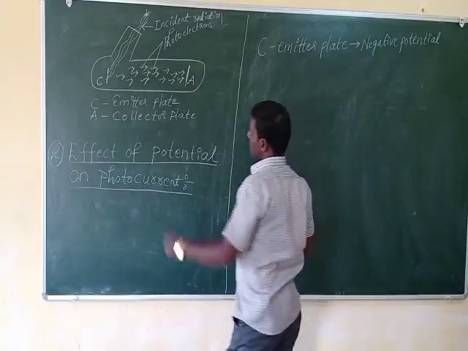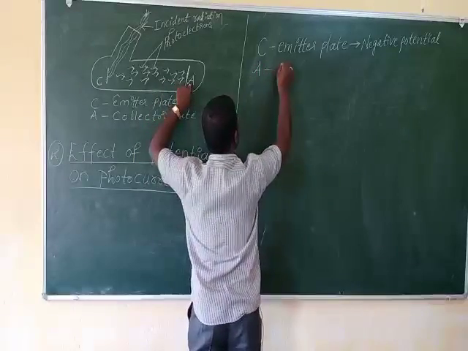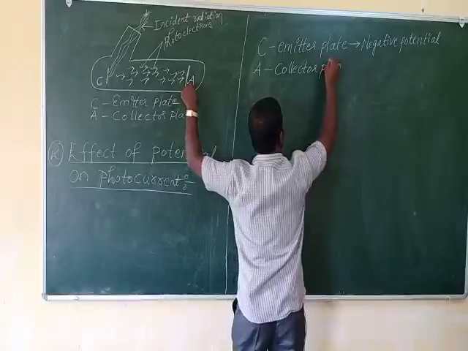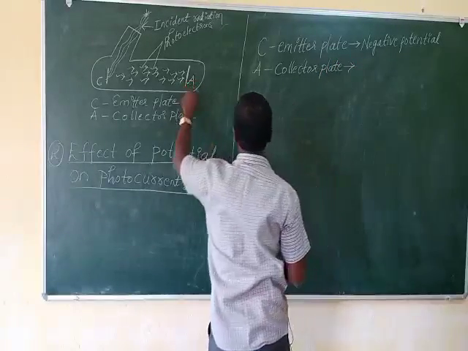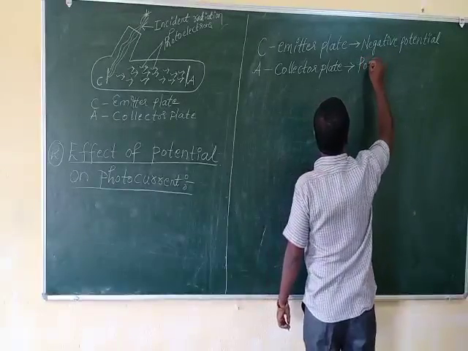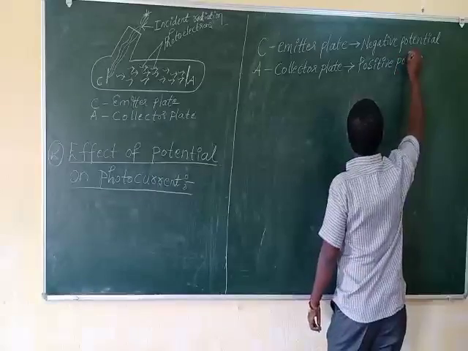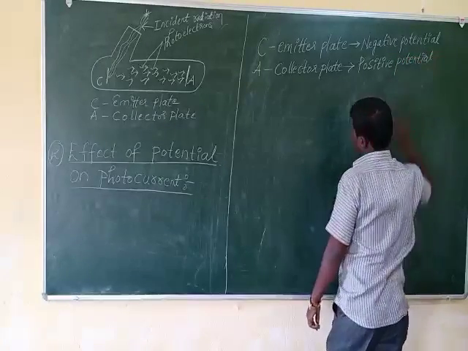C is having negative potential, and A is called the collector plate, and this A is having positive potential.